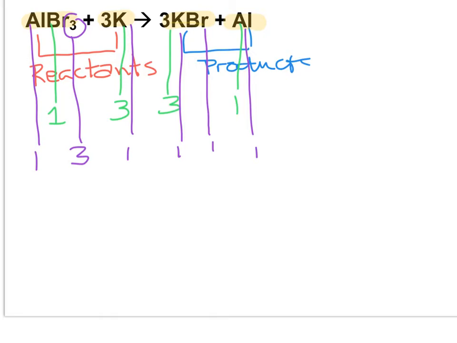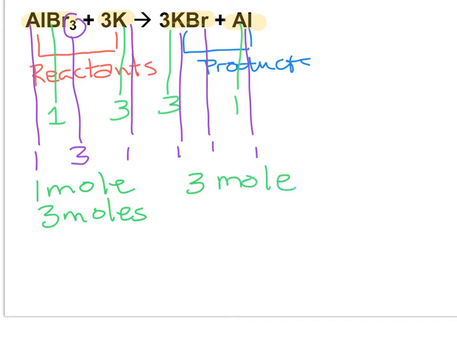So what does this really mean? It means that for the reactant side, we have 1 mole of AlBr3 and 3 moles of K. And on the product side, we have 3 moles of KBr, and we have 1 mole of Al.